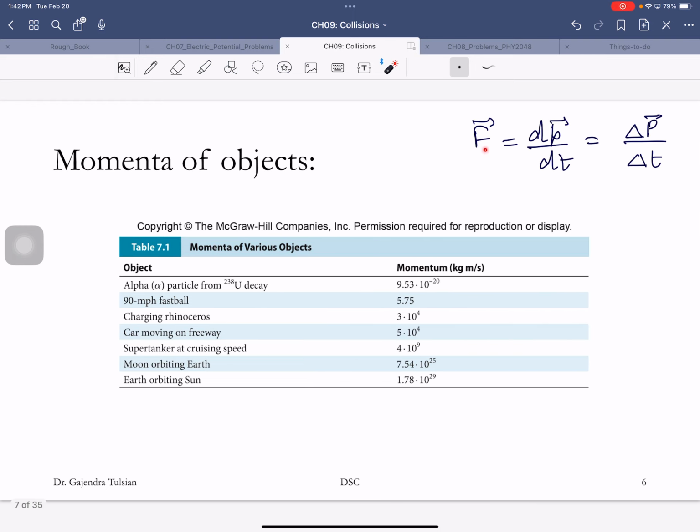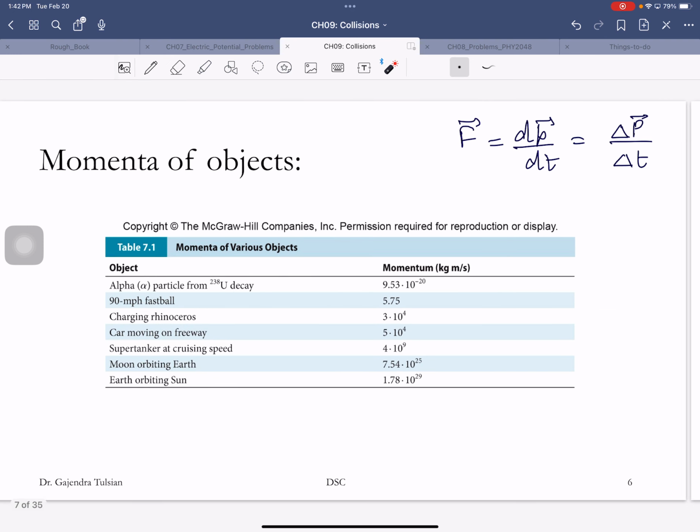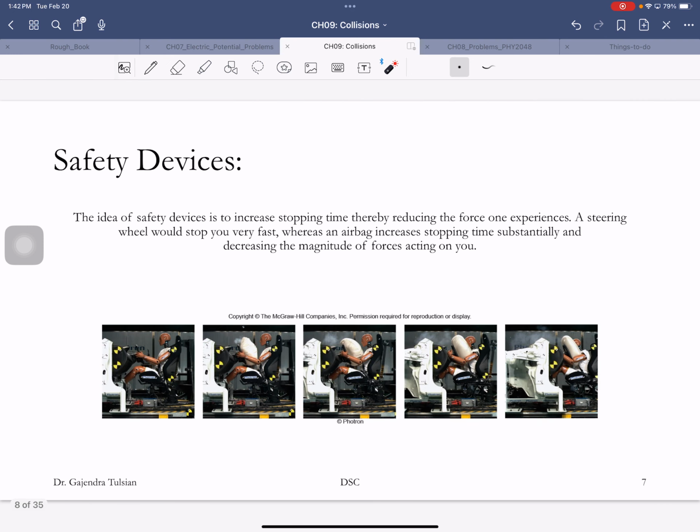Also, what does an airbag do? It increases your stopping time. If the steering wheel stops you from 80 miles an hour to rest, it's stopping you very fast, and it applies great forces on you, which is not good for your health. An airbag will increase the stopping time. That's what safety devices are about: the idea of a safety device is to increase stopping time.